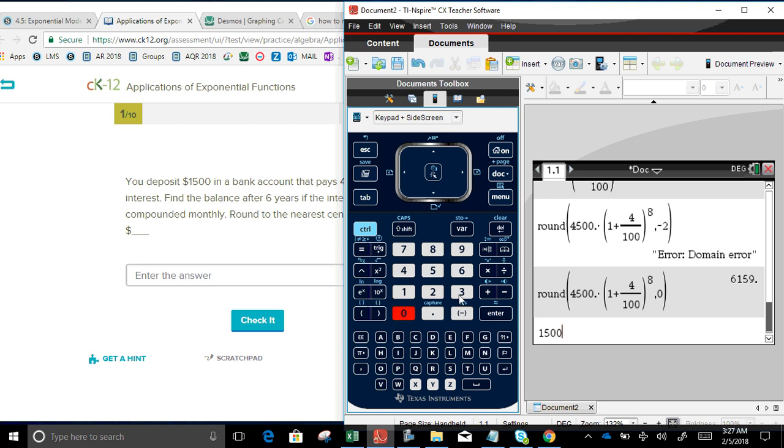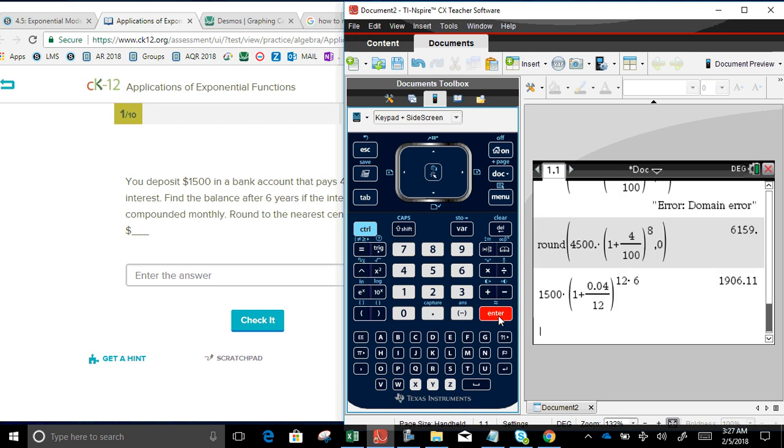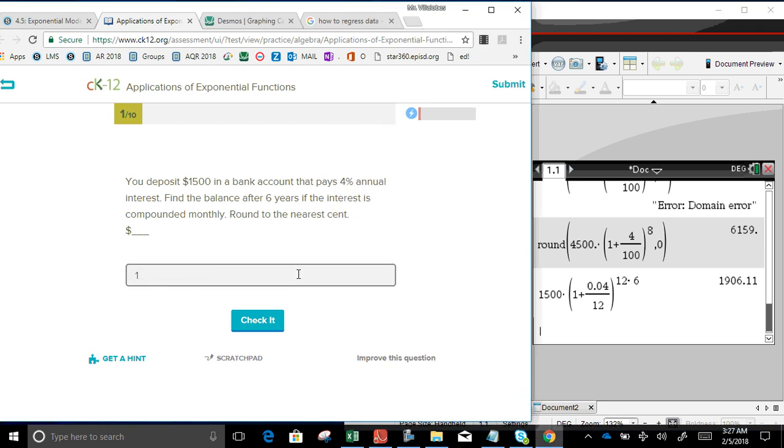Good. Times 1 plus 0.04 divided by 12. Close it, raise it to the 12 times 6. 19, 6 and 11 cents.